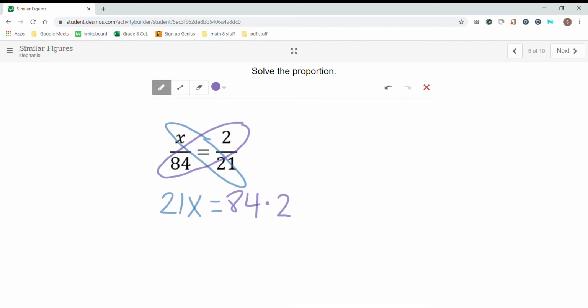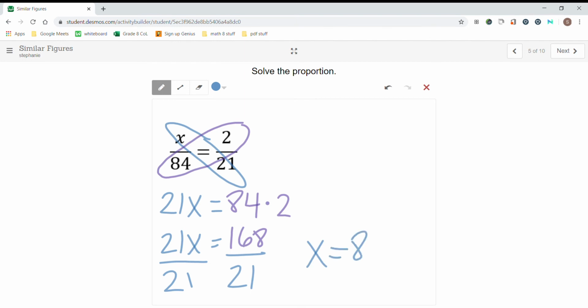I can't do anything with 21x, but I can do something with 84 times 2. And 84 times 2 is 168. I'm going to leave this 21x over here. I can then divide by 21, and my missing side would have been 8.